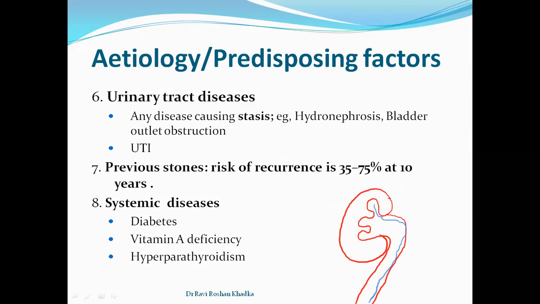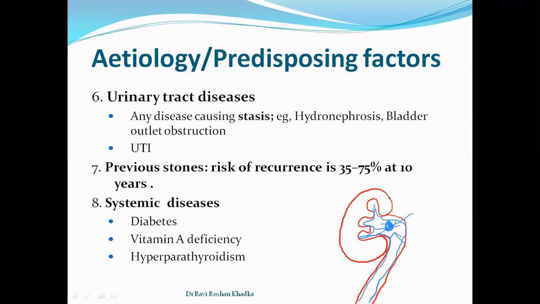Whenever there is a lack of vitamin A in the body, it leads to desquamation. Desquamation means the epithelial cells fall down, they are desquamated, and they can act as nidus. Nidus means one point of attachment where crystals like calcium, oxalate, urate, phosphate get attached around this nidus and can form stone.